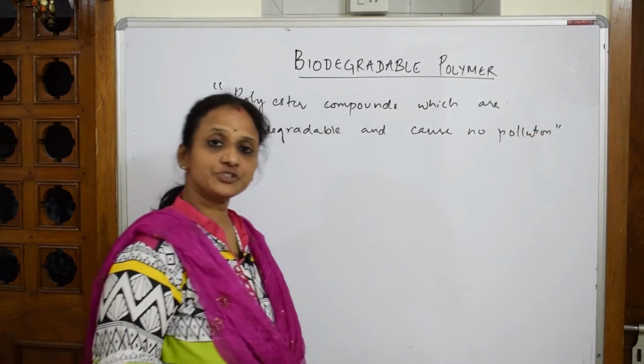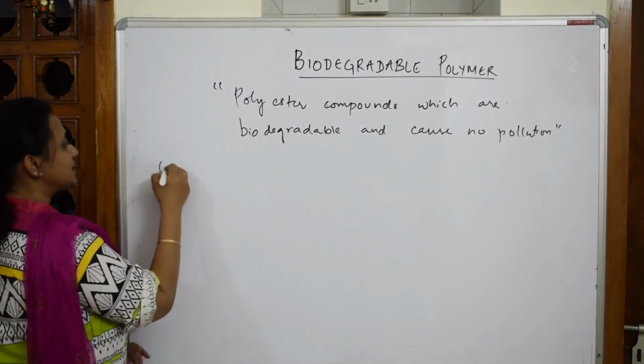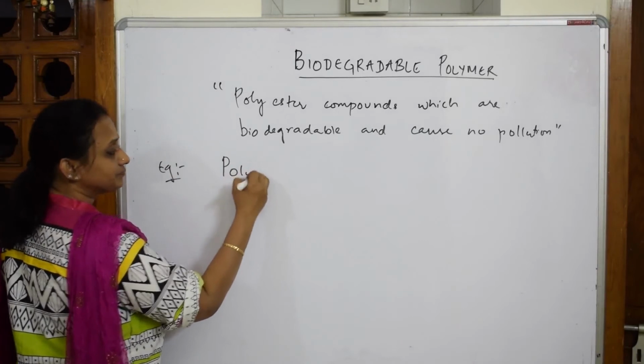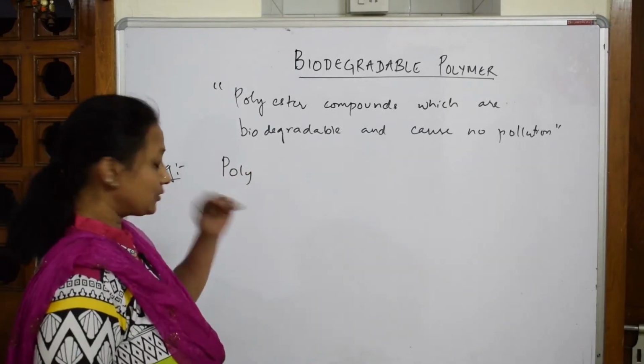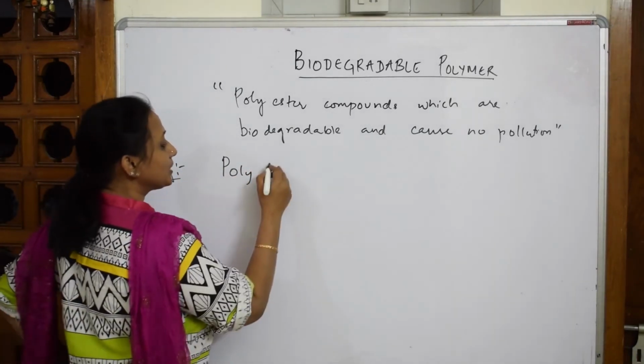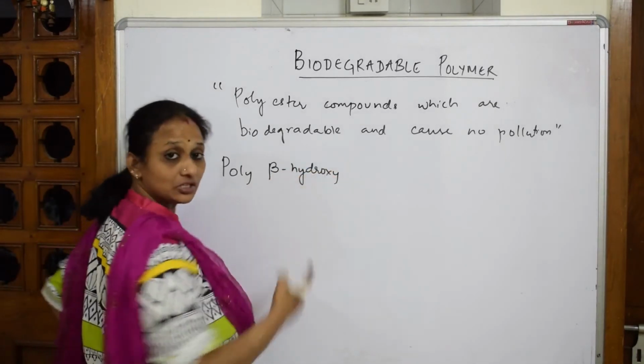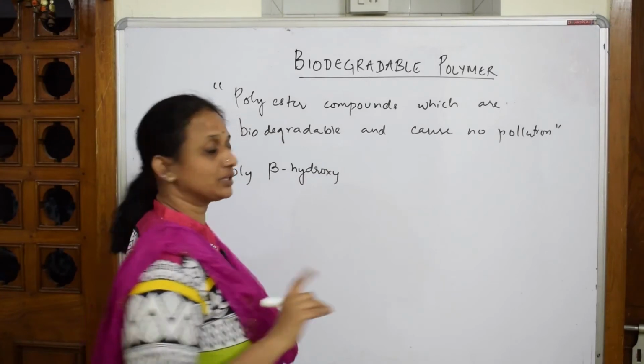So when I have to take the example of this, right? Let us write how to name this compound. Basically, you start with writing poly. Okay? Yes. Then you can start writing beta hydroxy, right? Beta hydroxy butyrate, it's butanoic acid.